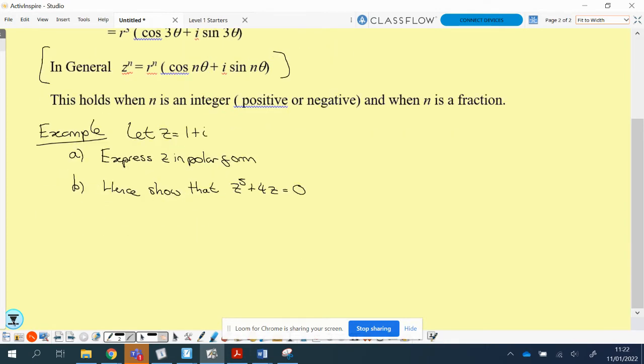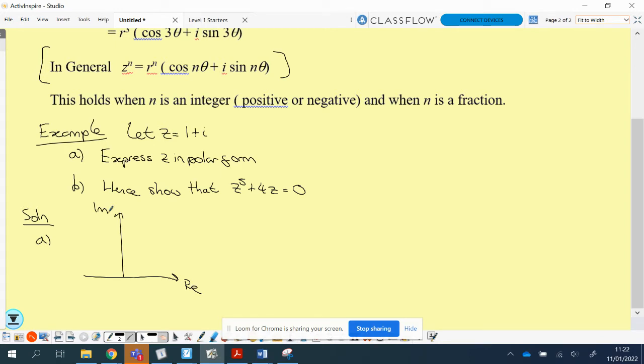All right, so let's start off with the solution. Let's focus on part A. We want to express z equals 1 plus i in polar form. So we're going to draw out our real and imaginary axes. Now we don't need to consider the negative side because we've just got 1 plus i.